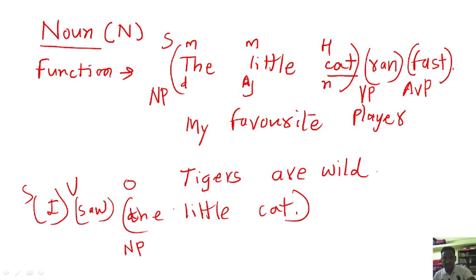So you see that in a sentence, this cat is a noun and it has adjectives, and here it works as the head of noun phrase.